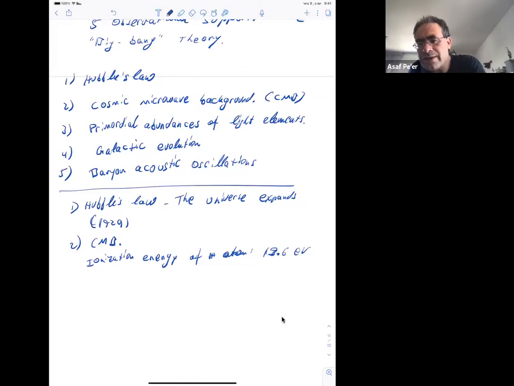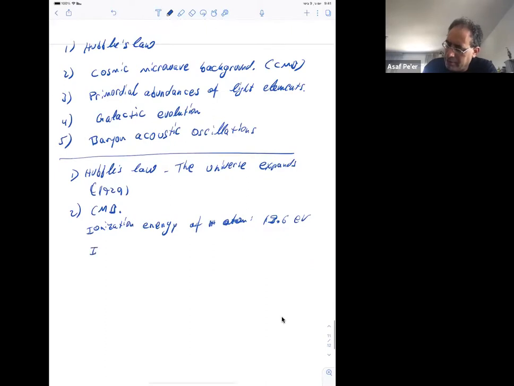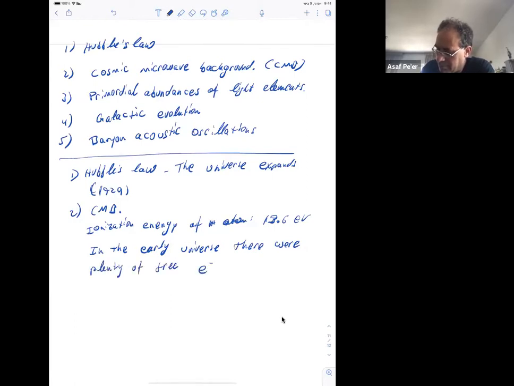Now, electrons are great scatterers. So the cross-section for scattering is the Thomson cross-section. So there are a lot of free electrons. So in the early universe, there were a lot of free electrons which scatter the photons.